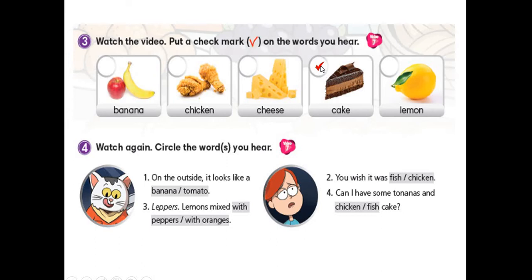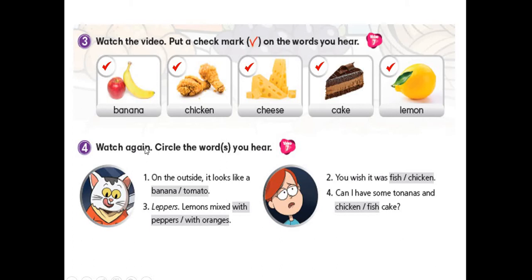Or how about the cake? Alright, next, chicken, you can hear the chicken there, lemon, cheese, and the banana. So all of these foods that you can see, you can hear in the video. Alright, so next let's go to exercise number 4.